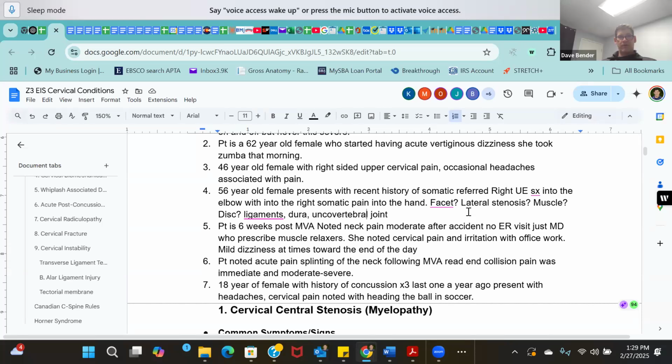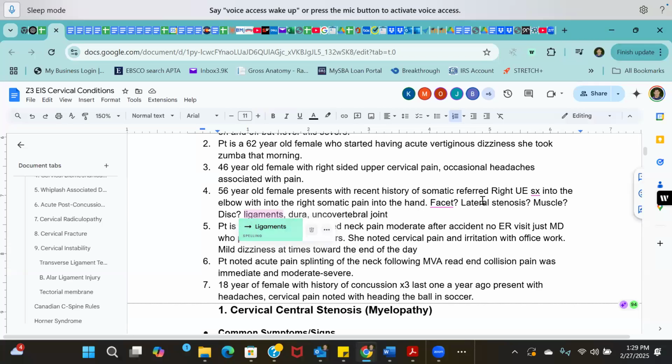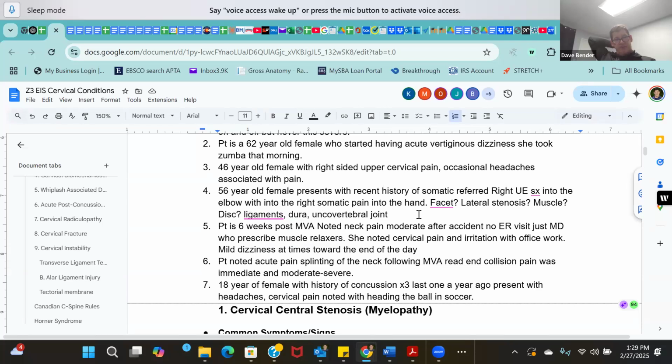Actually, two of them are in the list. Ligaments, maybe the bone itself, like arthritic changes to the bone. Where would those arthritic changes likely be occurring? Two spots on the list.